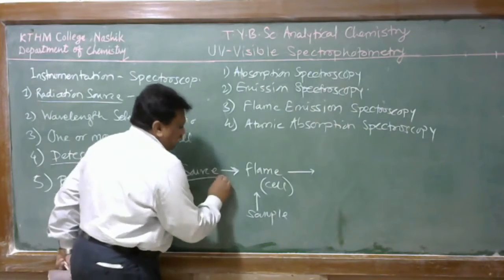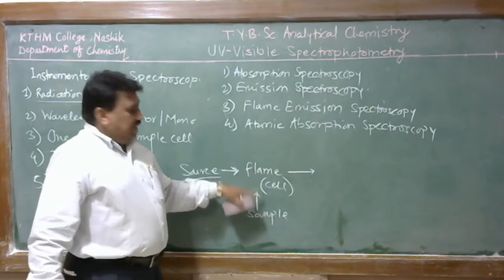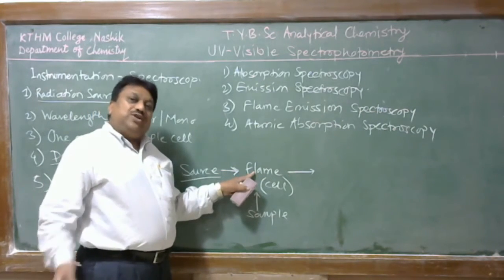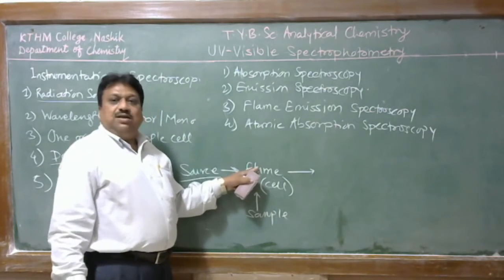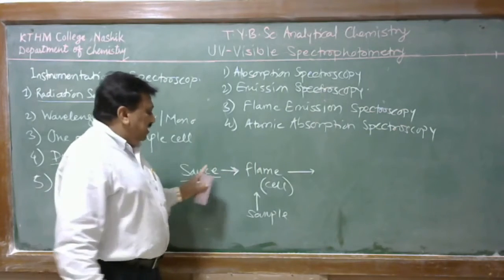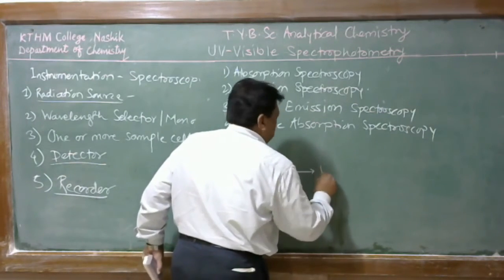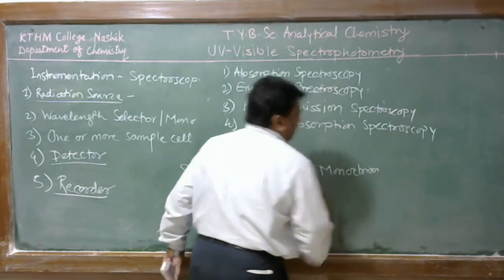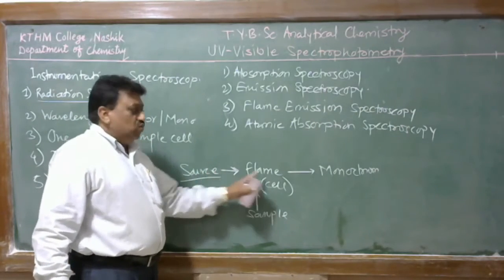Again, an additional source is placed in front of the sample cell. Here the flame is the sample cell. The purpose of the flame is to atomize the sample as well as to hold the atomic species in the flame, and the radiation source excites them. Again there is a monochromator to isolate a specific line given by the source.